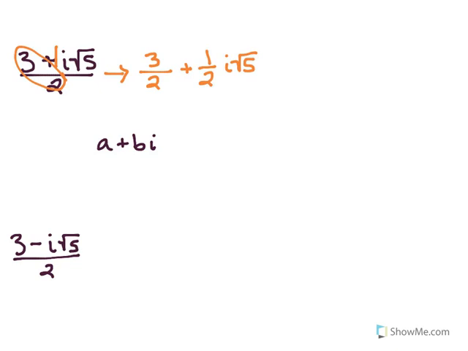So if you want to leave your answer in this way, you are welcome to. So the one down here would look the exact same way, except with it being a plus, it would be a minus instead. So that's how you use the quadratic formula to come up with different solutions, and that concludes this tutorial.